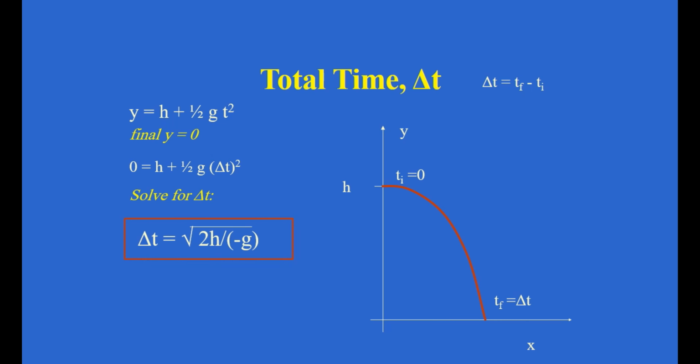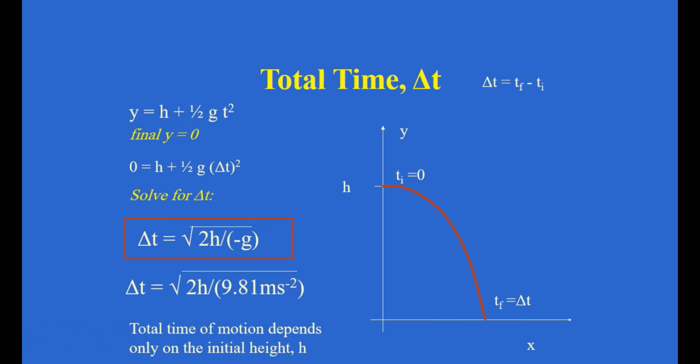Solve for delta t: delta t equals the square root of 2h over minus g, and delta t equals the square root of 2h over 9.8 meters per second squared. Total time of motion depends only on the initial height.